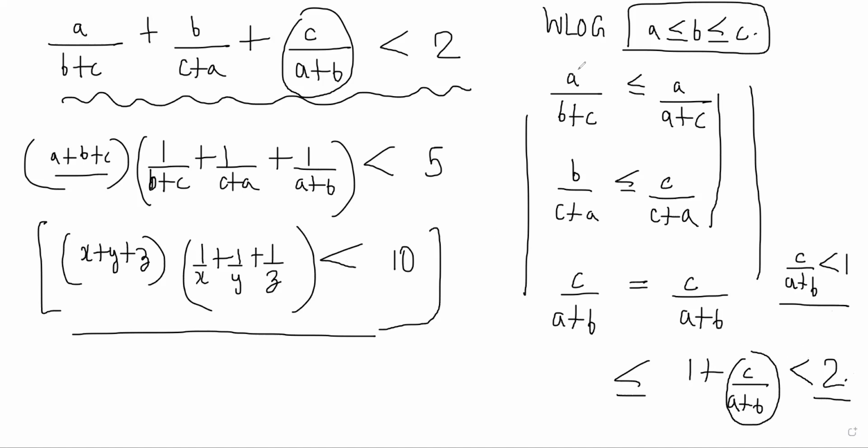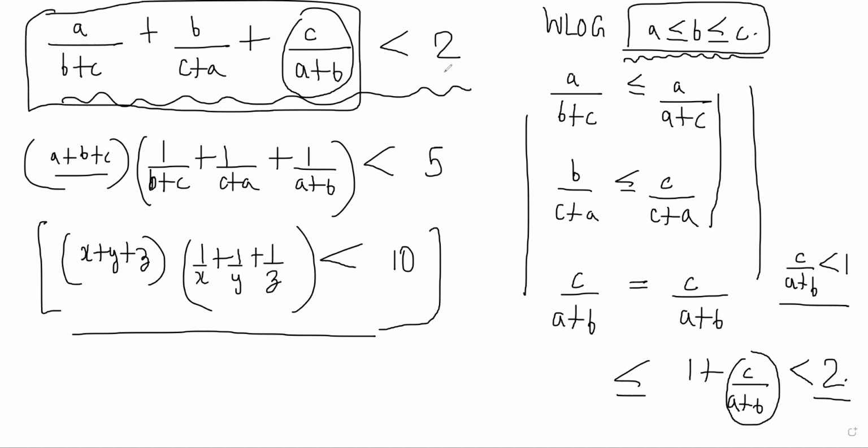So what are we using here? We are using a technique which says that if there are multiple variables, you can assume some ordering between those variables, right? And you can look at your inequality, which is a collection of terms, in a term by term manner and try to get the inequality that you want. Like we want this expression to be less than something, and we want a bound on that.